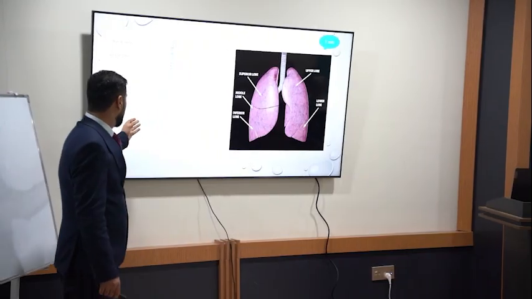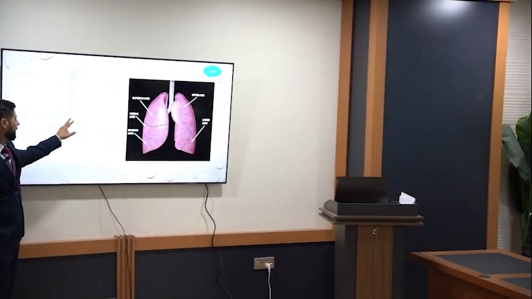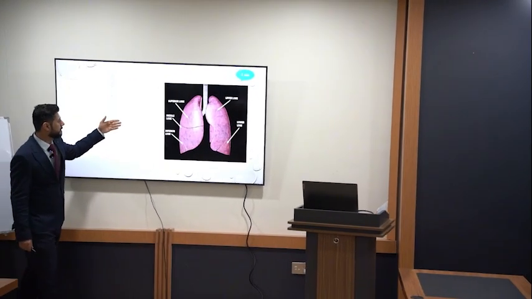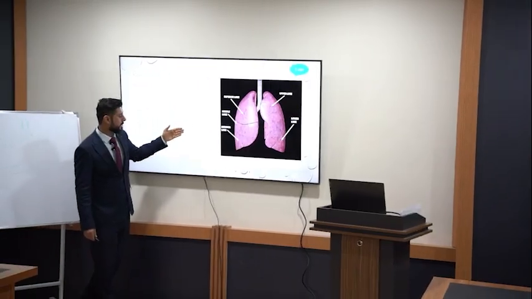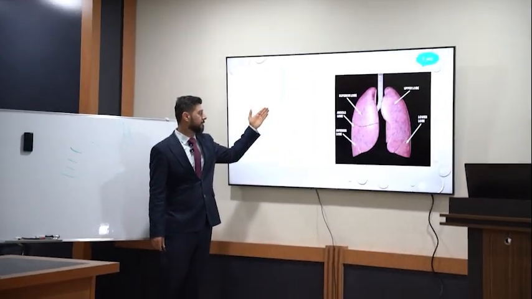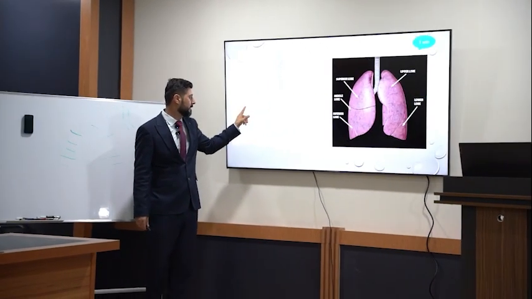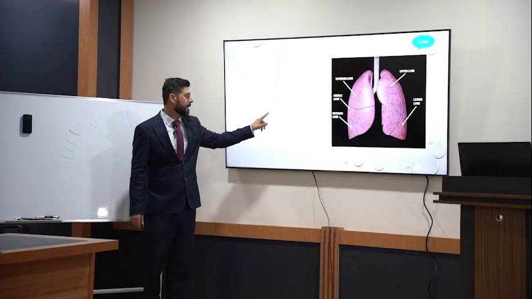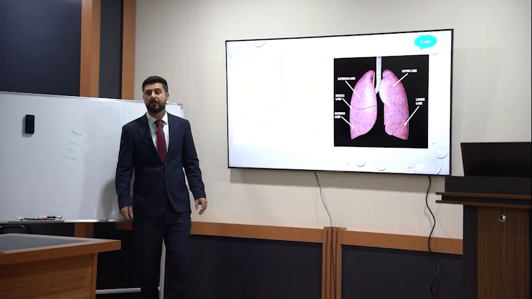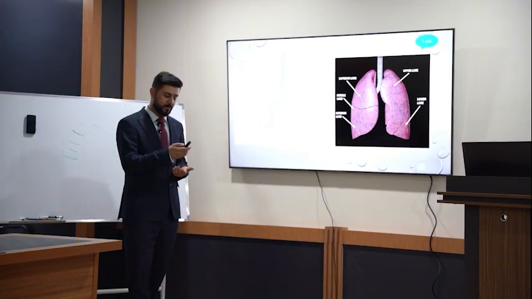Okay. This is the trachea, which is divided at the carina into the right main bronchus and left main bronchus. The left main bronchus divides into the upper lobe bronchus and lower lobe bronchus, while the right side divides into the upper lobe bronchus, then continues down as the bronchus intermedius, and divides again to give the middle lobe bronchus and lower lobe bronchus, and continues in division until 6 divisions.